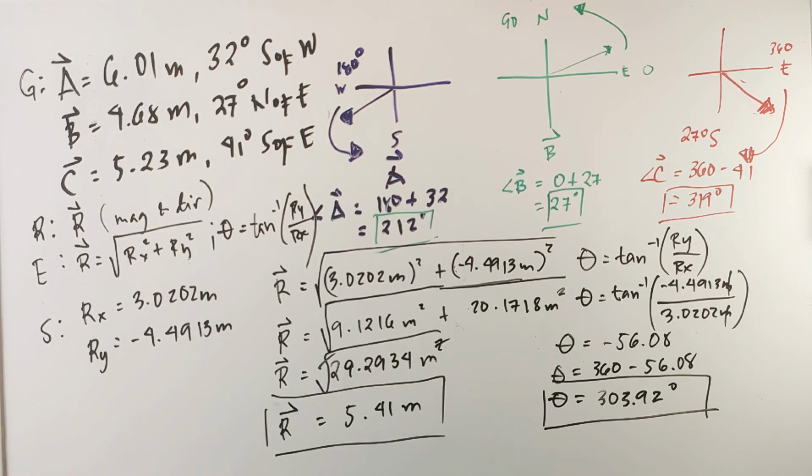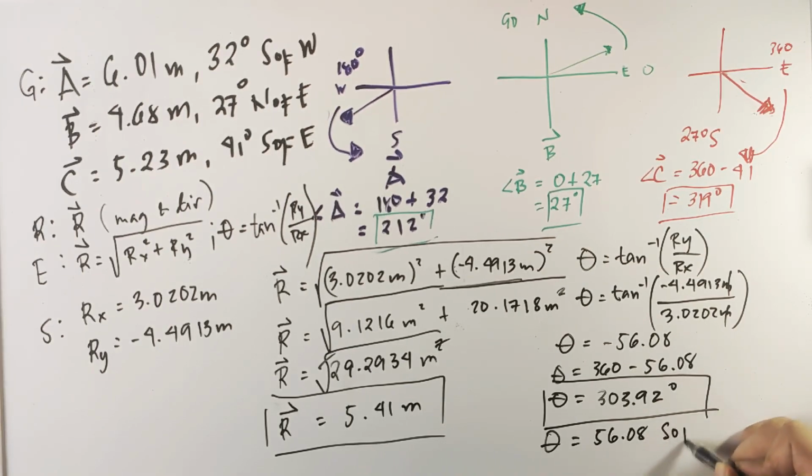Okay, so if you want to stick with negative 56.08, you can change it to something like this. So the reference of this is always the positive x-axis. Okay, so what you can do is rewrite it as 56.08. So that's coming from the east going to the south.